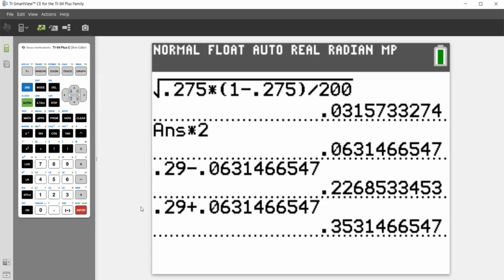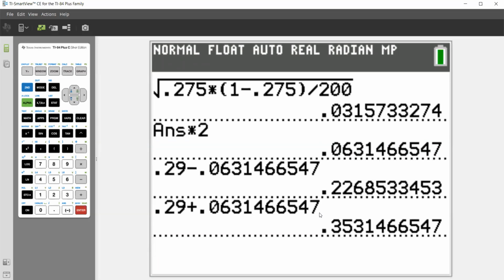Enter. Now, what I've just created are the 2 endpoints of the confidence interval. The lower endpoint, if we rounded this number to 3 decimal places, it would be 0.227, and the upper number here is 0.353. So 0.227 is the lower endpoint, and the upper endpoint is 0.353.